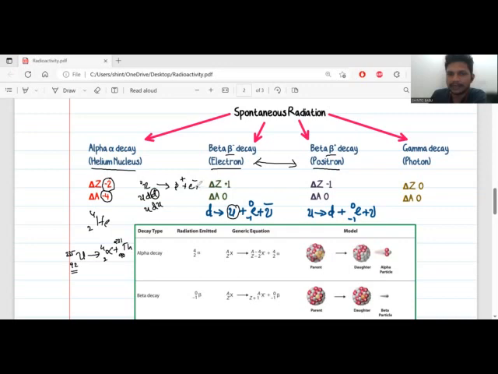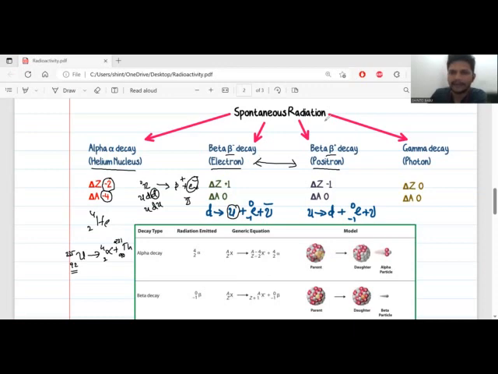Along with that, some other particle which we saw in the standard model, namely a neutrino, specifically an anti-neutrino here, will also be emitted. Okay, and this electron with a negative charge is what we call a beta particle, or this is beta decay.